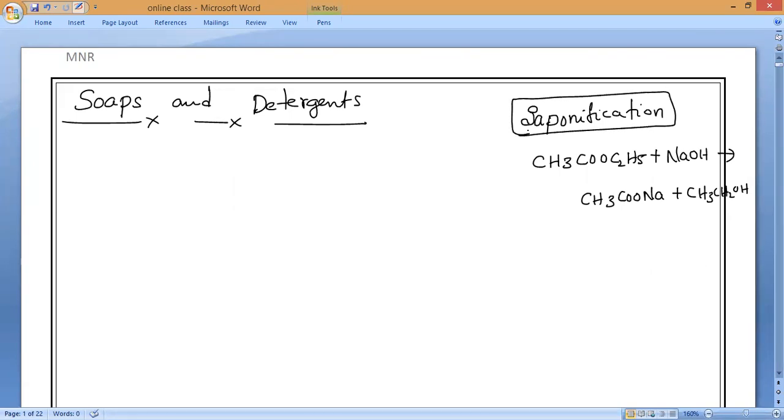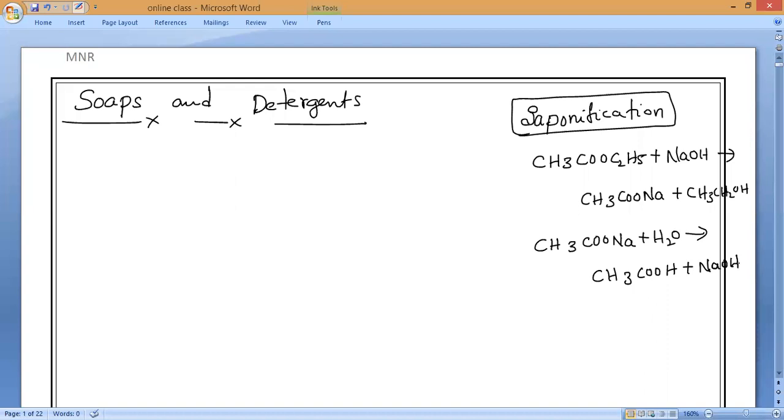And this sodium acetate will react with water and we are going to get something back. What will we get, guys? Sodium acetate reacts with water, it will give you acetic acid, CH3COOH, plus sodium hydroxide.